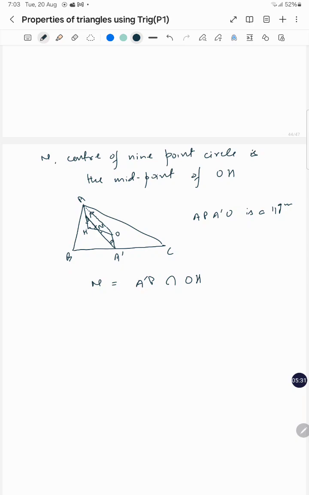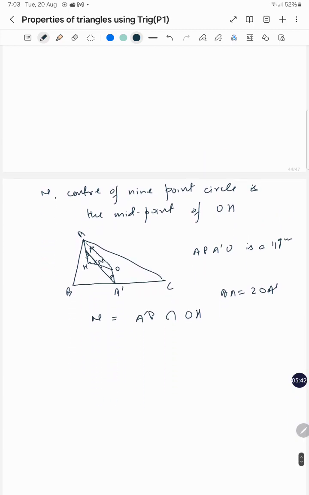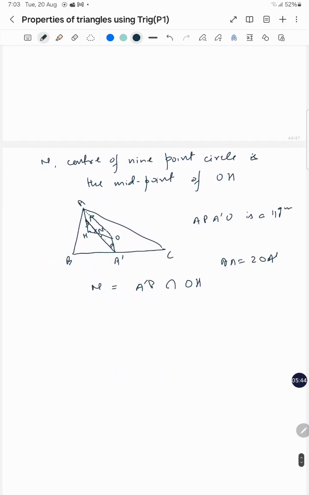So PH, we already know that AH is twice OA prime. So PH is half of AH. So PH is equal to OA prime. So these two sides are the same.